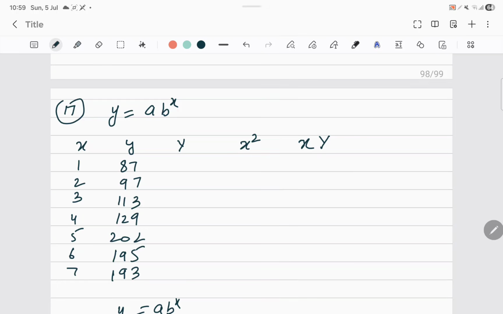Now the y column is 87, okay, 97, okay, 113, okay, 129, okay, 202, okay, 195, okay, 193, okay.